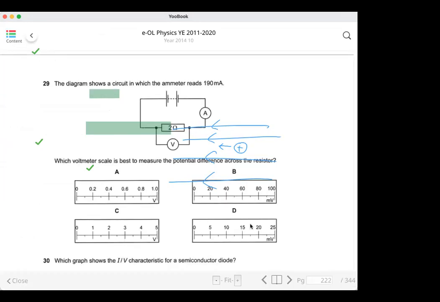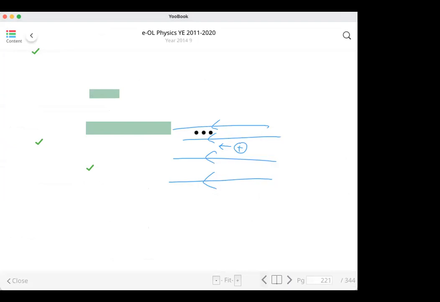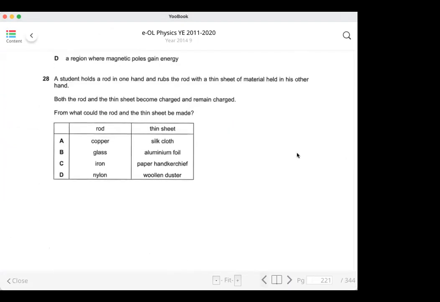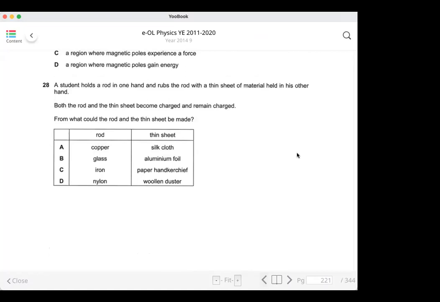Okay, let's do question number 28. You all may begin. Ryan got it correct.